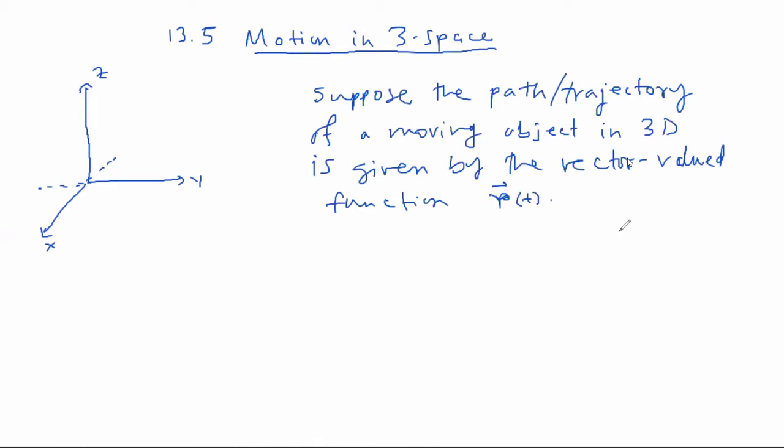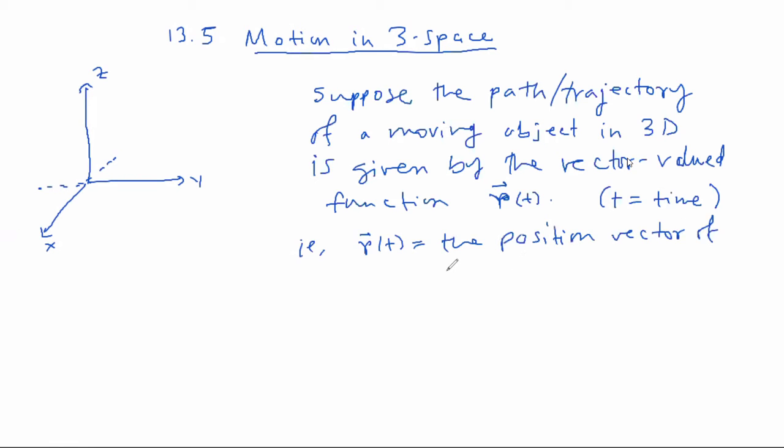That means what? t is the time, and r of t means the position vector of the point at time t. That is, r of t is the position vector of the object at time t.